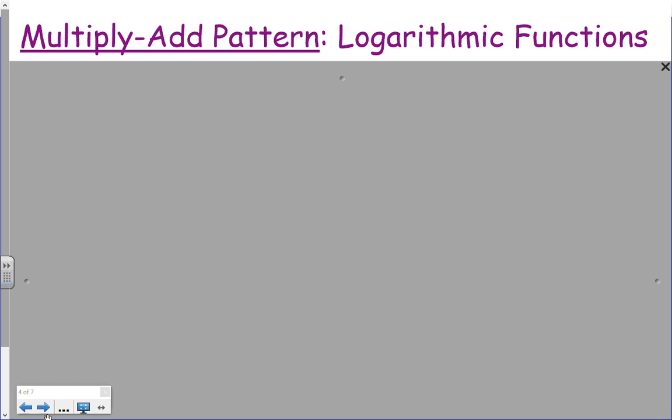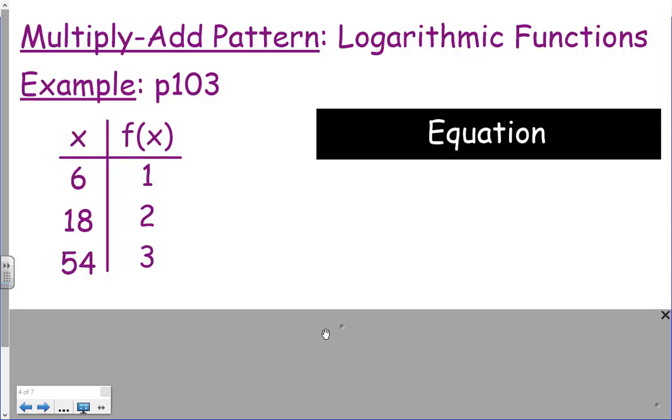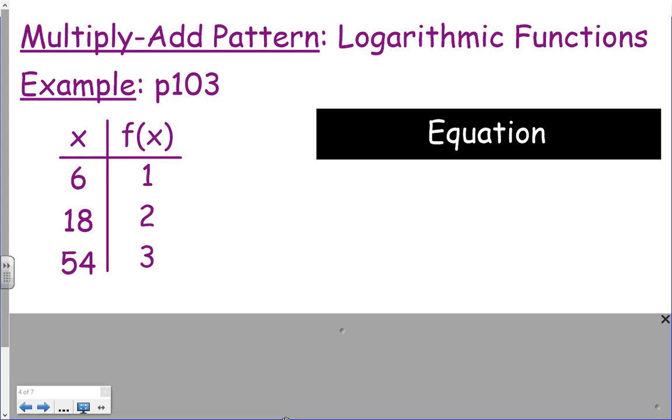And again, if I take an exponential function and swap the x's and y's, I'm finding the inverse. And the inverse we just stated was a logarithmic function. So again, this shouldn't be too much of a stretch for us to understand that the logarithmic function has the multiply-add pattern.